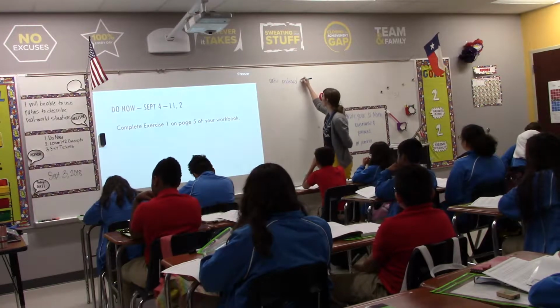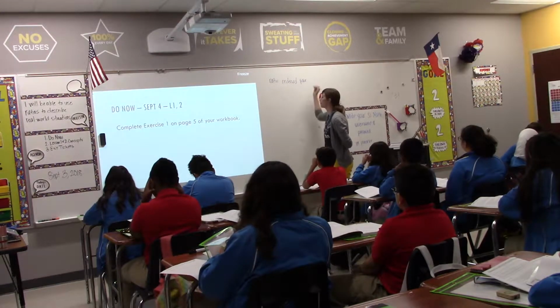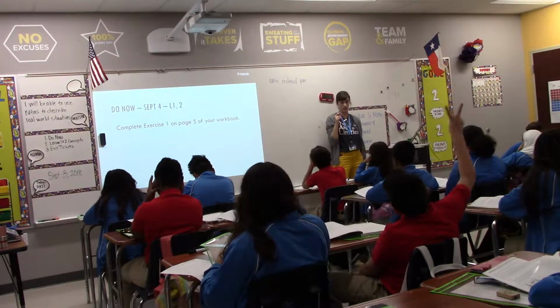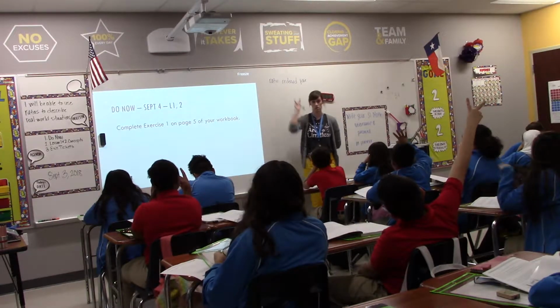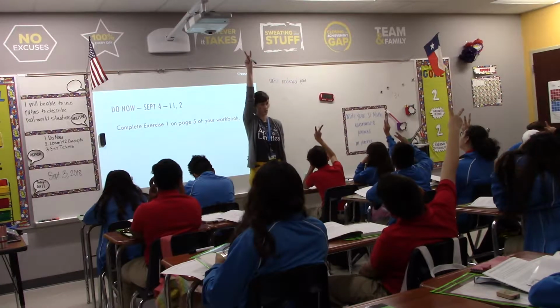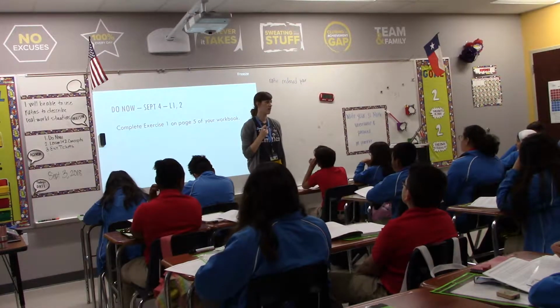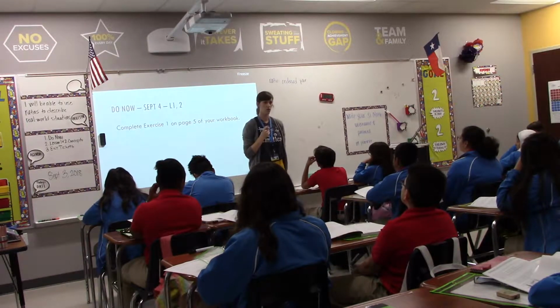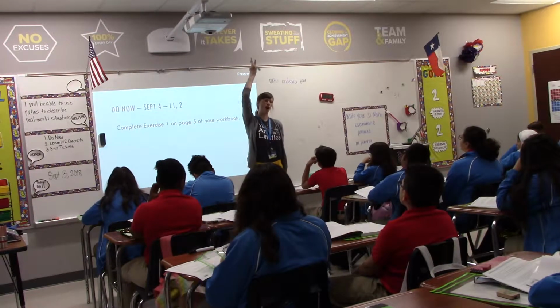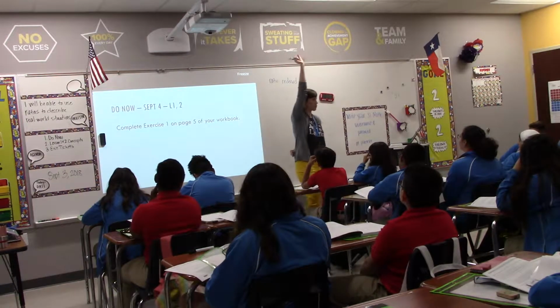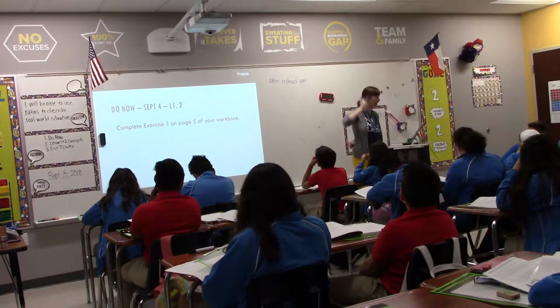So an ordered pair, a pair is how many? Show me with your fingers. Okay, hands down, we're going to do this different. When I say go, you're going to show me your tallest, quietest hands with the number of numbers in a pair.